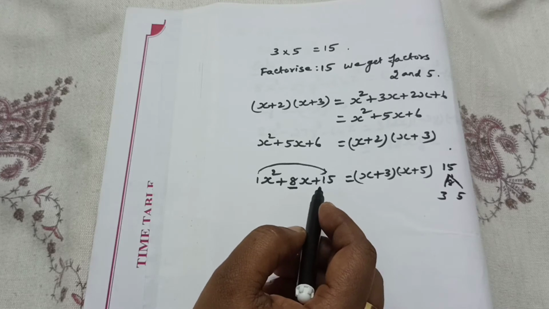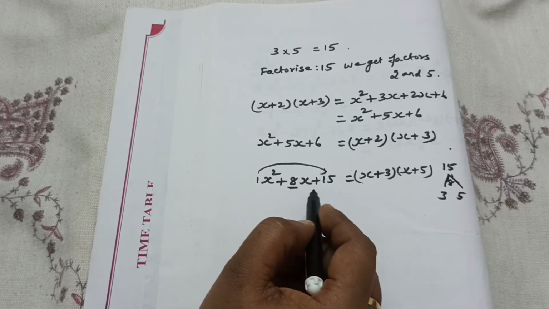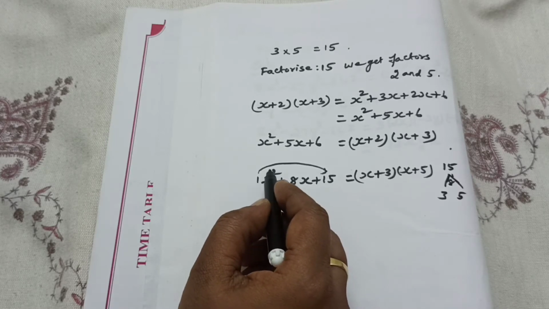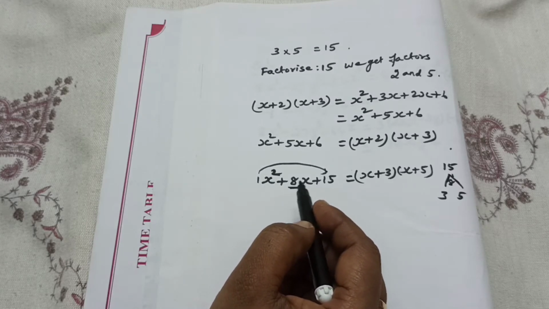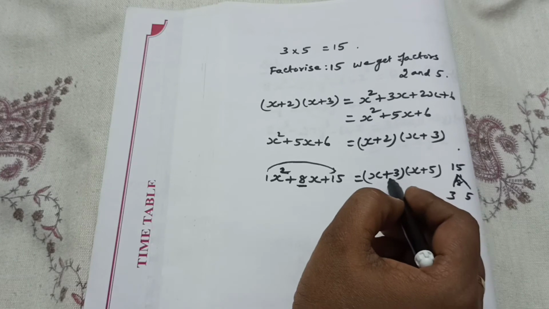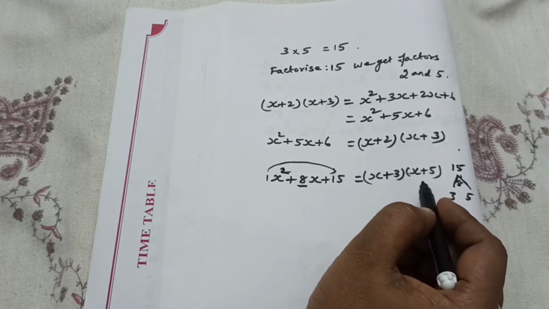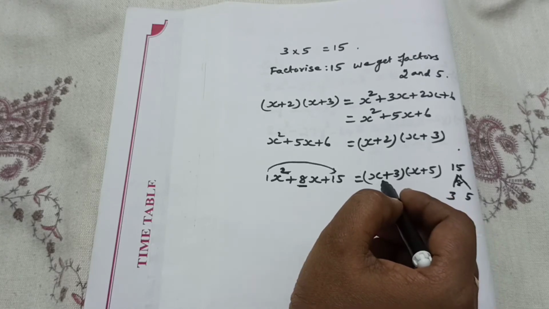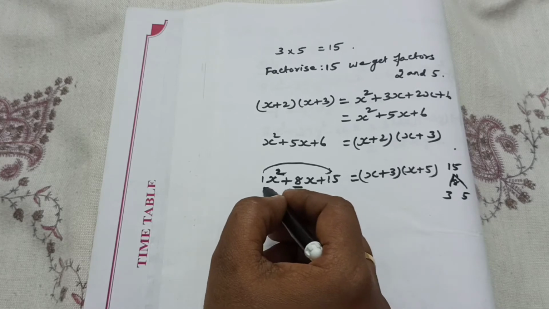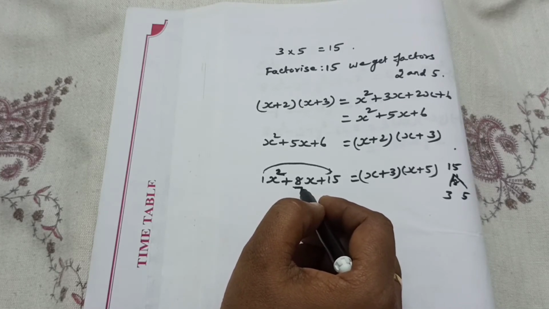Have you understood? Then our definition is: the process of converting the given higher degree polynomial into the product of factors of its lower degree, which cannot be further factorized, is called factorization. These two product only we will get this higher degree polynomial.